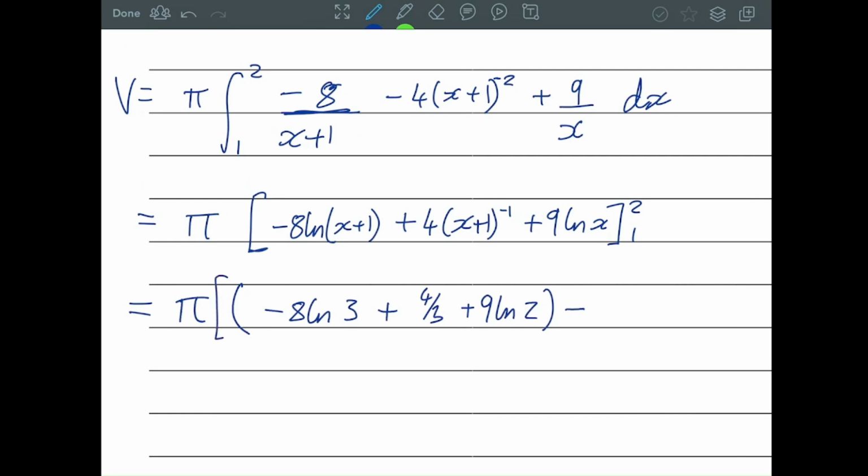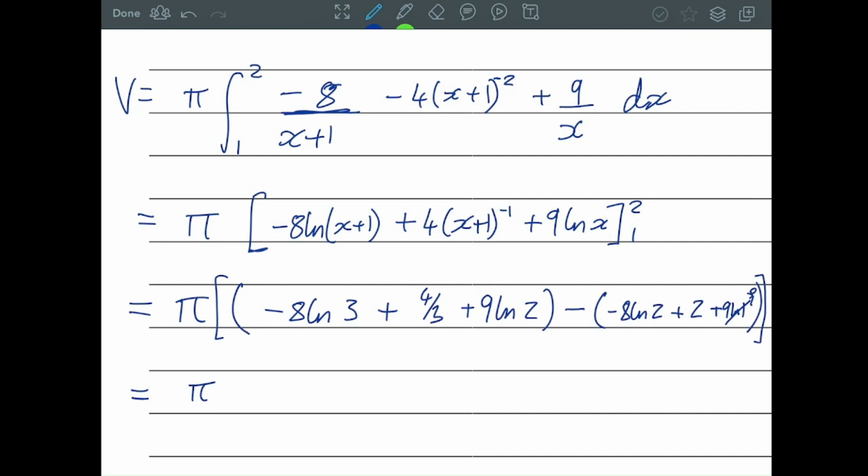Minus, sub the 1 in, minus 8 ln 2, plus 4 over 2, which is plus 2, plus 9 ln 1, but that is just 0, so I'm not going to need to worry about that at all.